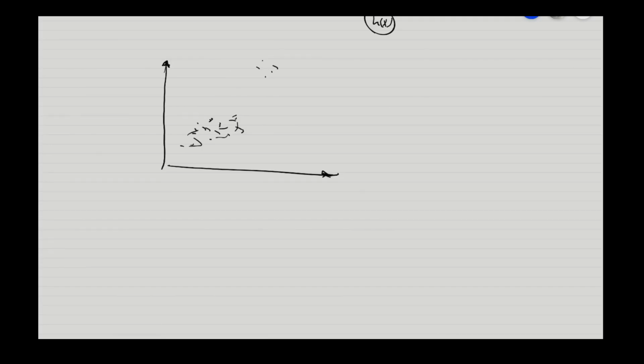OLS is going to fit a line, and the way OLS picks the fitted line is by looking at the residuals, squaring them, and so on. We've talked about minimizing the sum of squared residuals. This is how OLS does the job. As you can see, OLS gives the same weight to every observation: this observation is as important as this one, and this one, and this one. And OLS is going to be unbiased and so on.